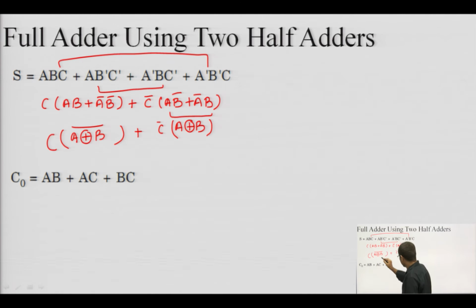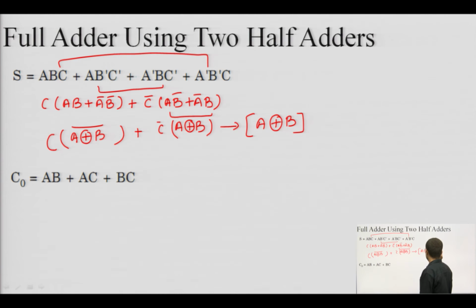Now, if we rearrange these, we can see that it is again the XOR of A XOR B with C. So, now we can see that this full adder sum is also in the form of XOR, like for a half adder. This will help me in preparing the two half adder version of the full adder. Similarly, we can compute this one in the form of XOR only.